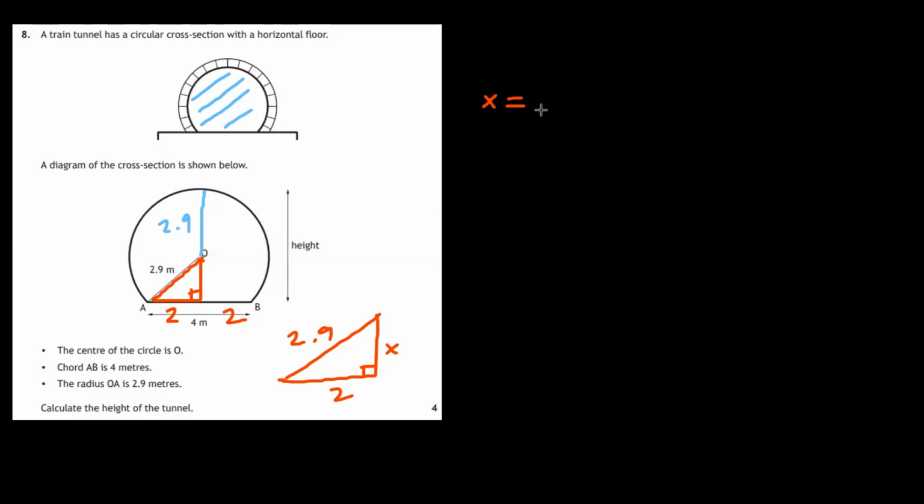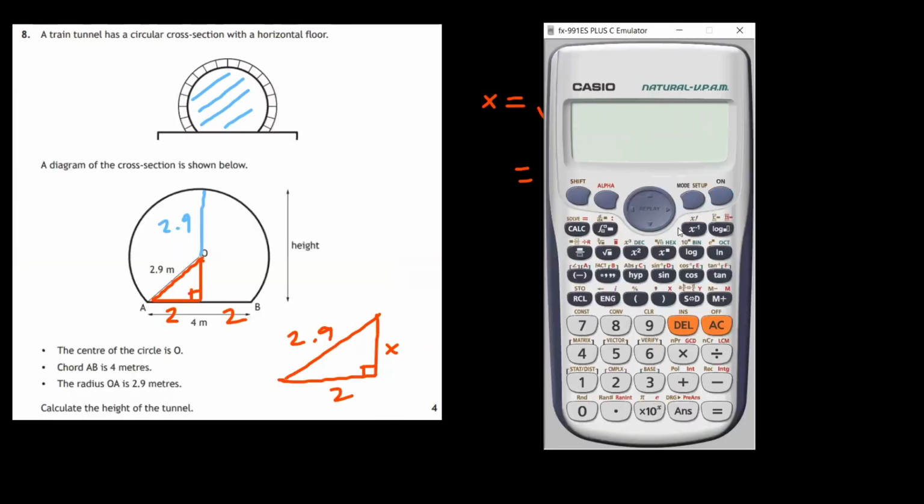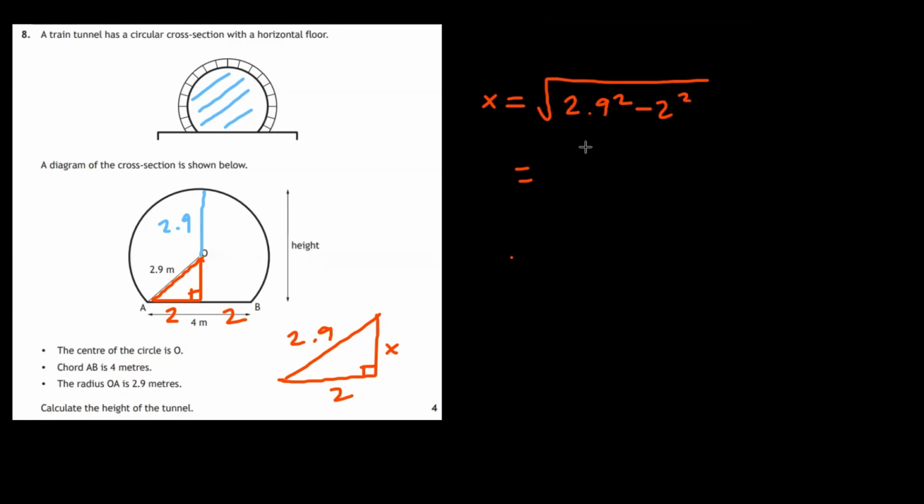So it would just be x equals root 2.9 squared minus 2 squared. So that gives 2.1 meters. So the total length would just be 2.9 plus 2.1. And that would be 5 meters.